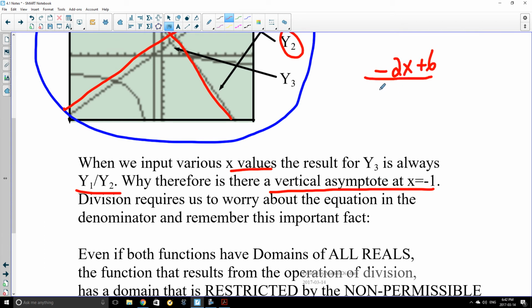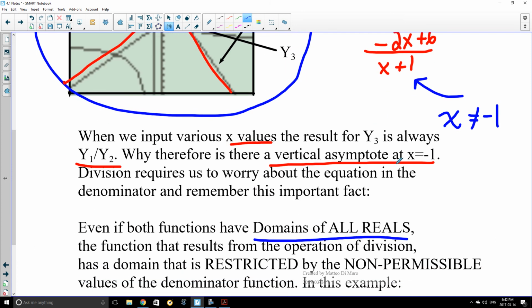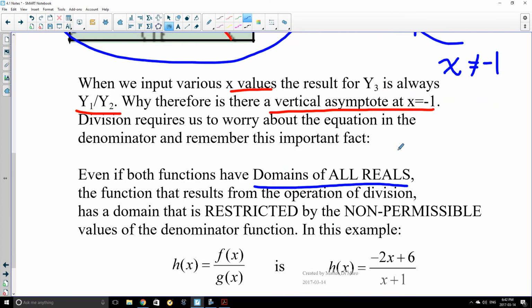This is why the exam tends to stay away from doing the division questions. Even though the original functions have a domain of all real numbers, because they're lines, on the graph of f of x divided by g of x, that's not the case because of the division. So the domain has a restriction. By the non-permissible value x equal negative 1, that's the restriction there.